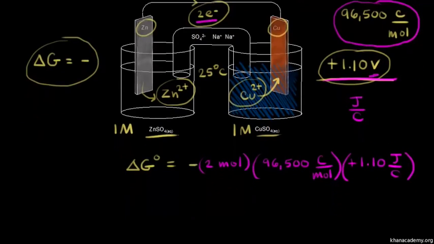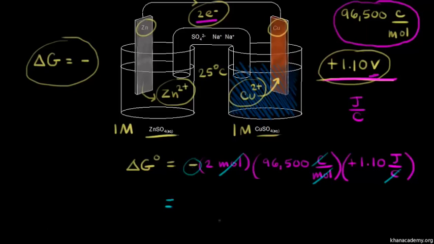All right, let's do this math. So let's look at our units first, and let's see what cancels out here. So our moles cancels out. Our charge, coulombs, cancels out to give us joules for our answer. So let's go ahead and calculate how many joules. So we have 2 times 96,500, and then we're going to multiply that by 1.10.